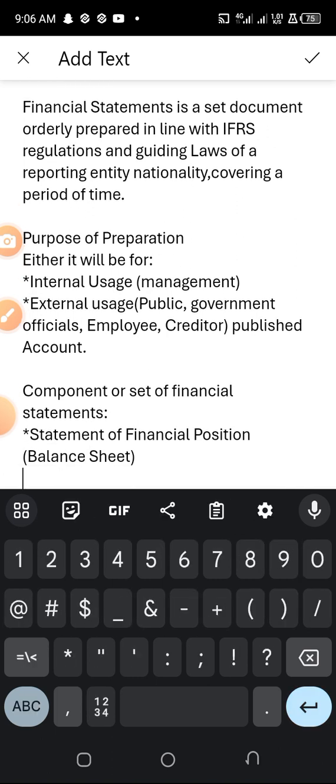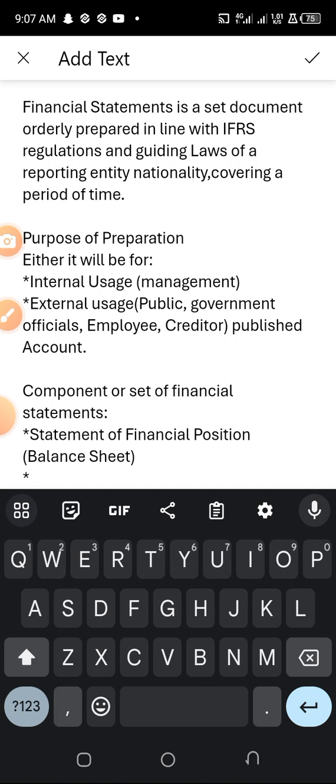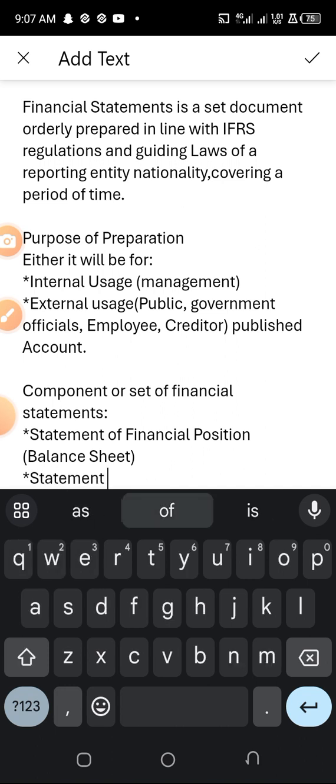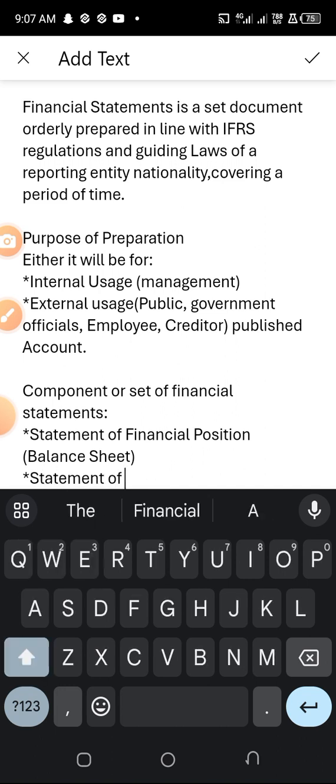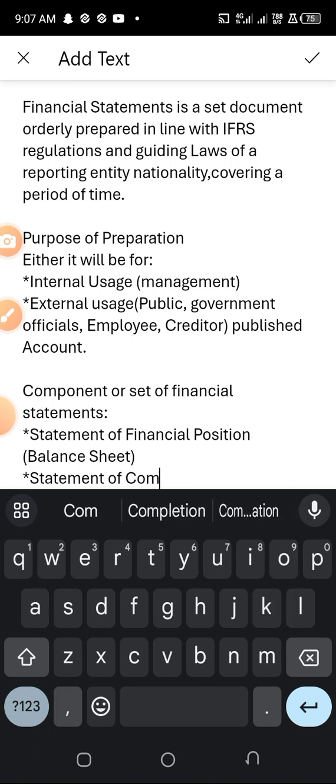And then we have the second one, which is the statement of comprehensive income.